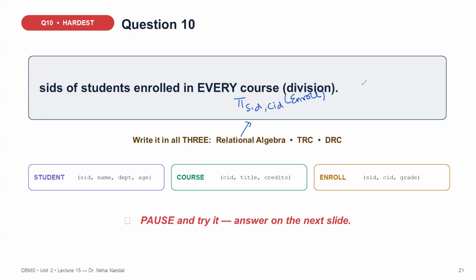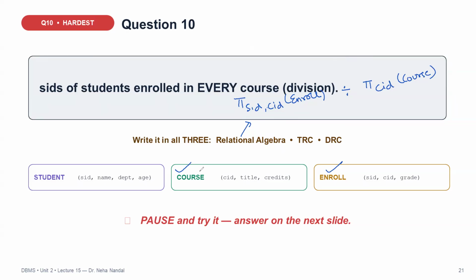And then we will take CID and course. So basically we have to take the enroll table first, and then take another table, the course table, and perform division on it. SIDs of students enrolled in every course. So we are utilizing these two tables, and division will be performed in this way.